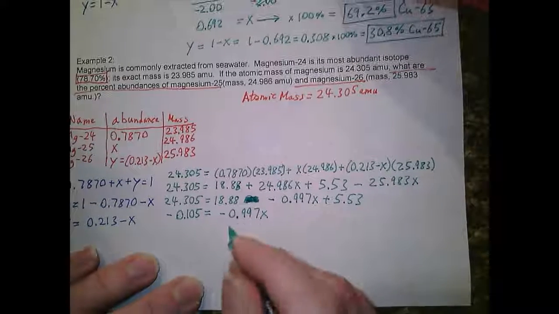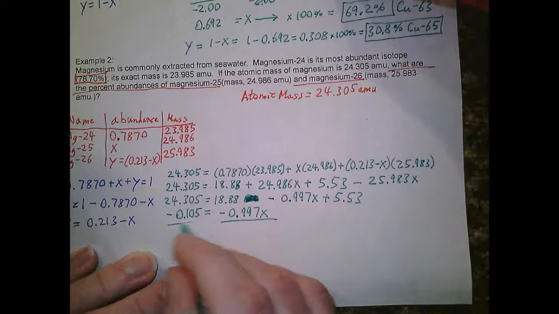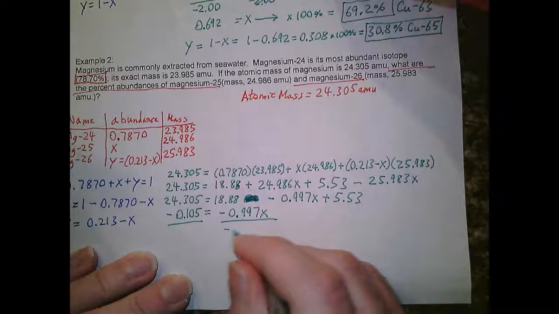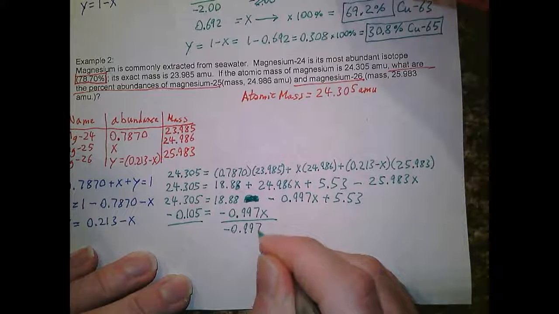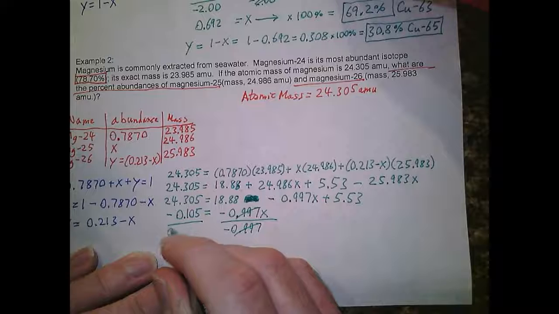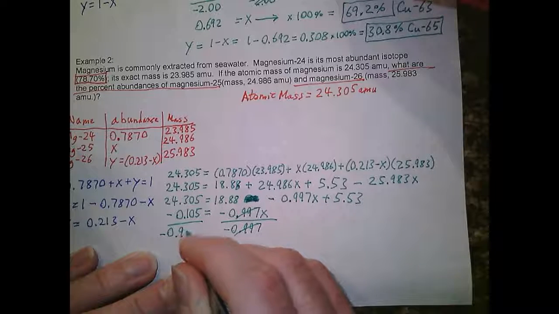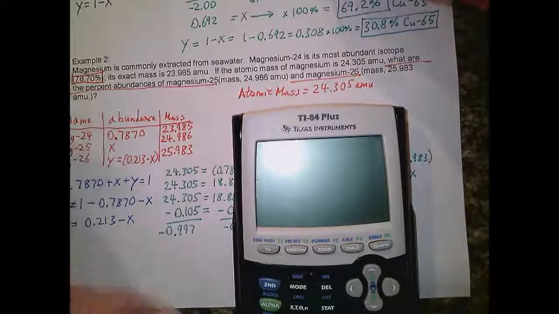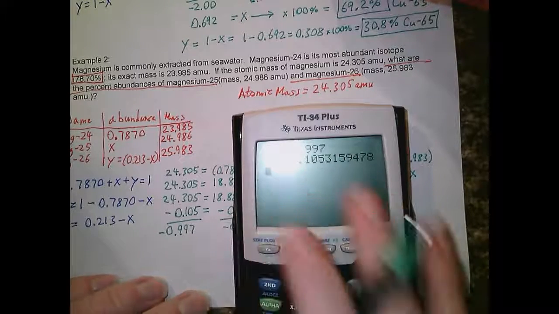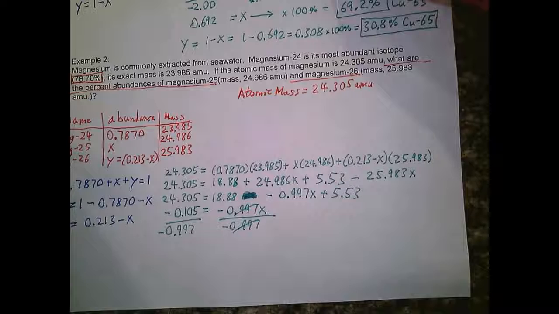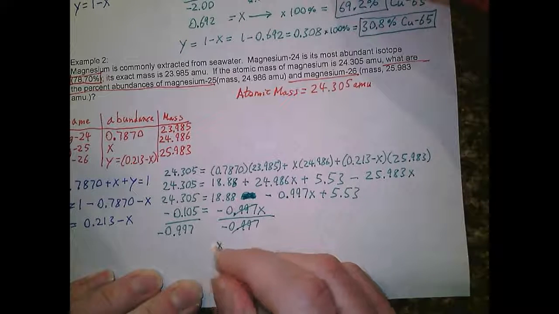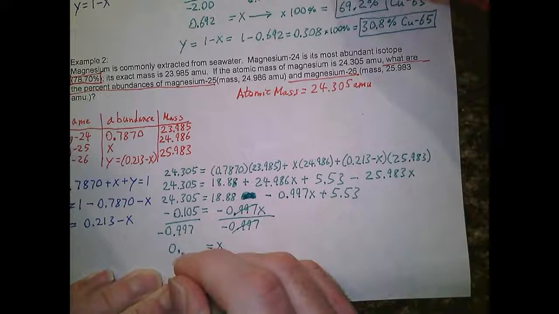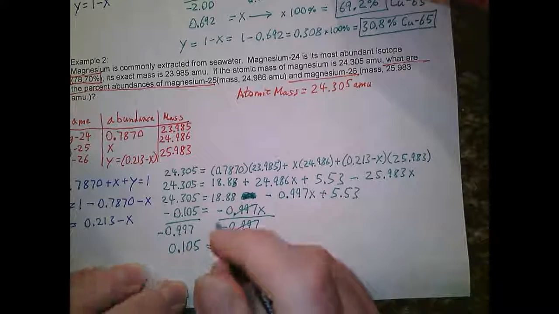Now I've got negative 0.105 equals negative 0.997x. To solve for x, I need to divide by whatever is multiplied by x, so negative 0.997, on both sides. 0.105 over 0.997, you get 0.105. So x equals 0.105.